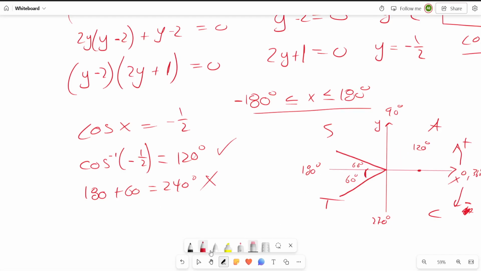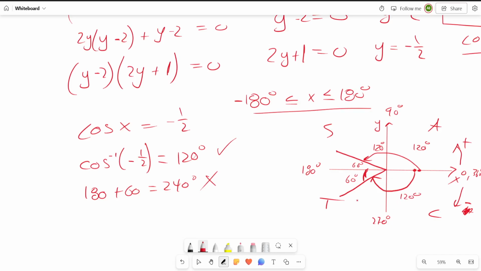Okay, so again, my base angle, so this was 120 degrees, this is 60, this is 60. I will start here, and then I want to see the negative angles for this equation. So I'm not going to move anti-clockwise anymore. I'm going to start moving clockwise until I hit my first answer. And I know that if this is 60, then this whole thing must be 180 minus 60, which is 120 degrees.